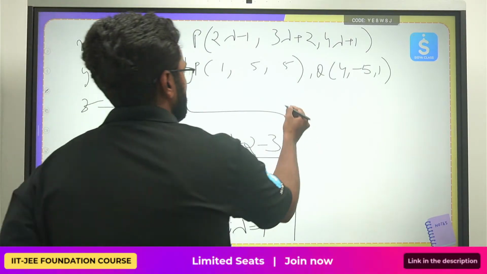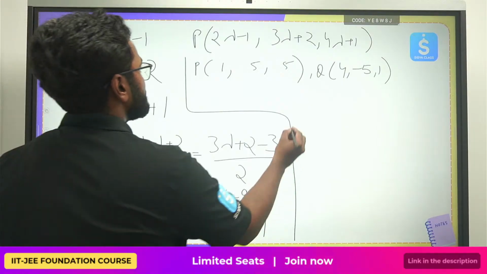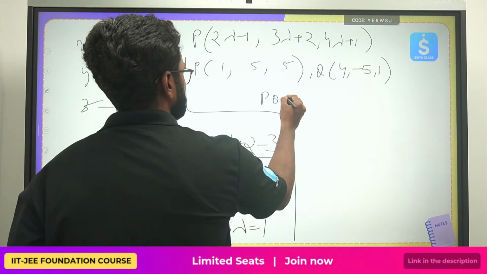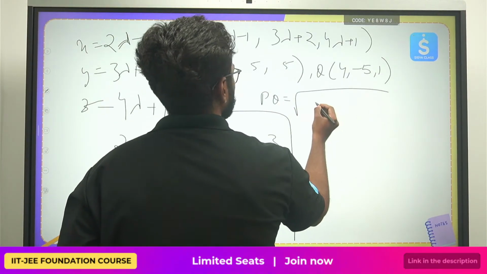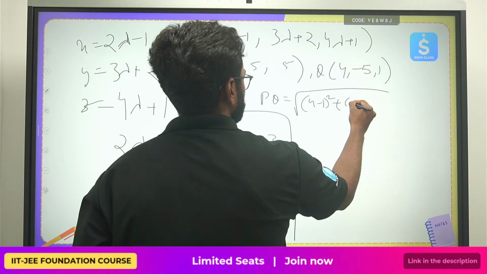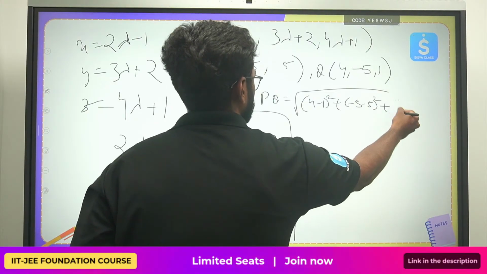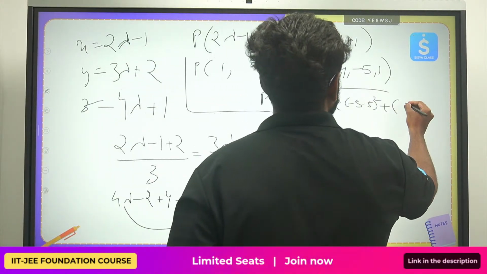Now, the distance formula: PQ is equal to the root of (4 minus 1) square plus (-5 minus 5) whole square plus (1 minus 5) whole square.